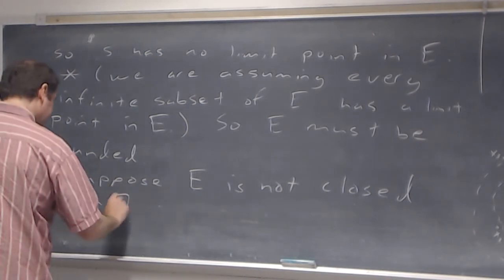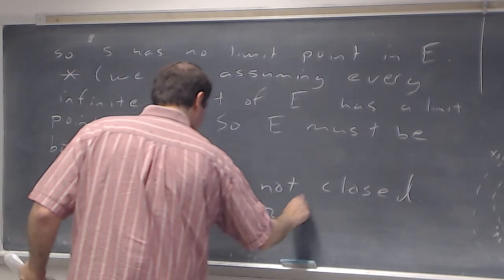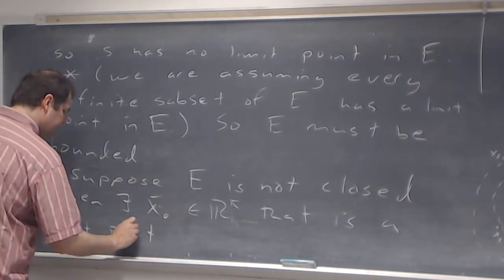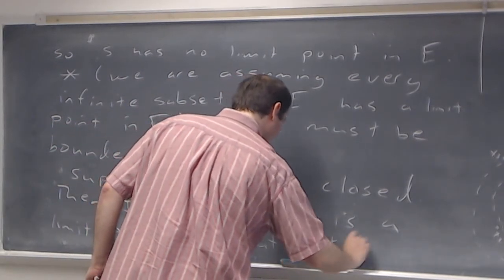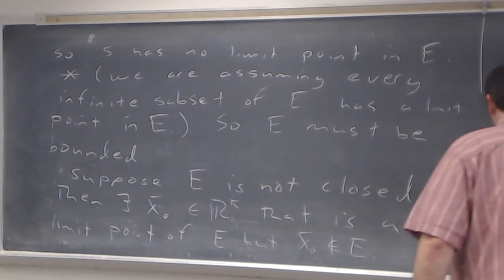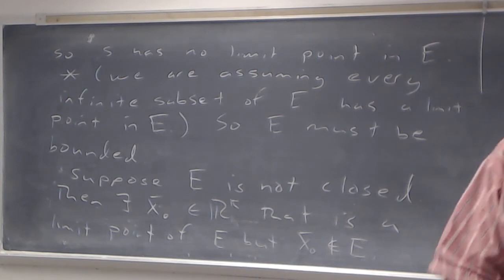Then there exists an x sub naught that is an element of Rk that is a limit point of E, but x sub naught is not an element of E.